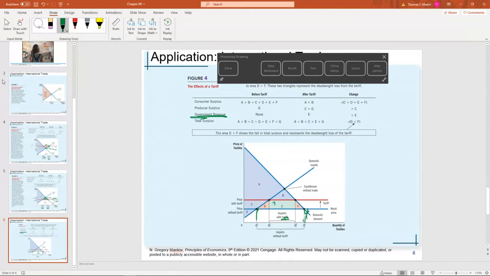If there's a tariff put in place that raises the price, we now see the number of buyers fall. We see that go inward. And the quantity being supplied by the domestic suppliers will increase.